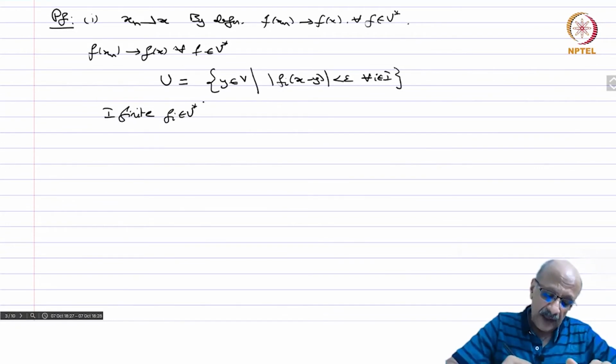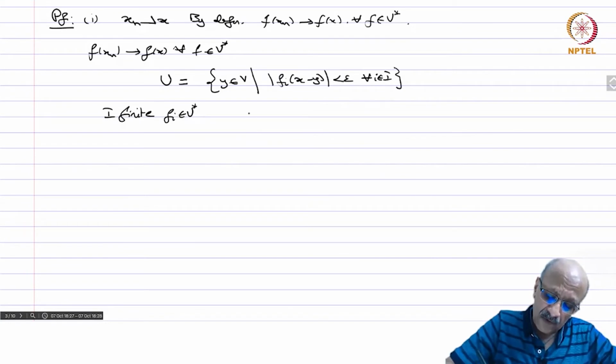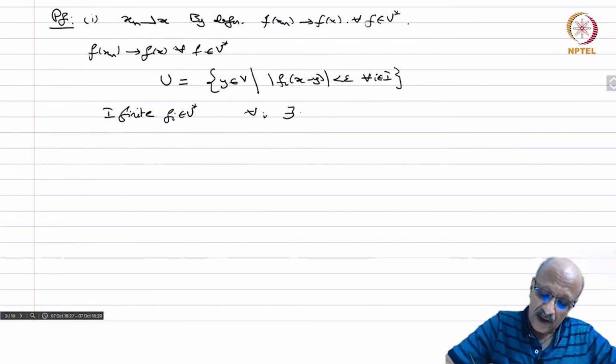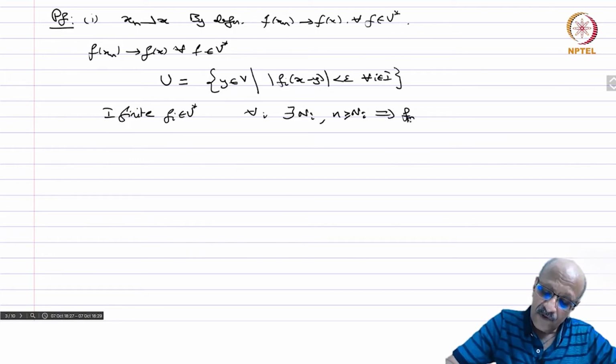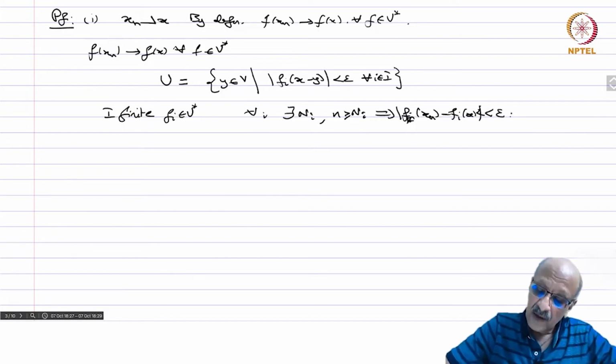Now if f(x_n) converges to f(x), then for every i there exists an n_i such that n greater or equal to n_i implies |f_i(x_n) - f_i(x)| is less than epsilon, because you have f(x_n) converges to f(x) for every f in V star.